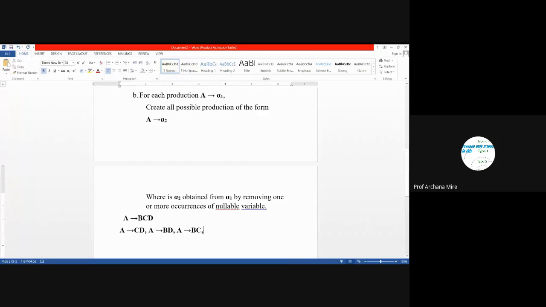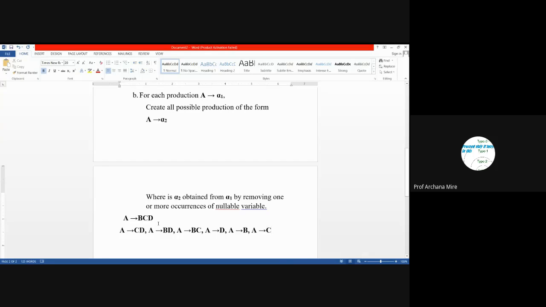If we remove these two nullable symbols B and C, then the new production rule added will be A leading to D. Similarly, if we remove C and D, the new production rule will be A leading to B. Once again, we can remove B and D and the remaining symbol will be C, so we can add the new production rule A leading to C as well.